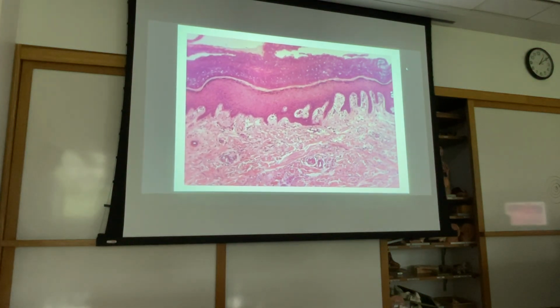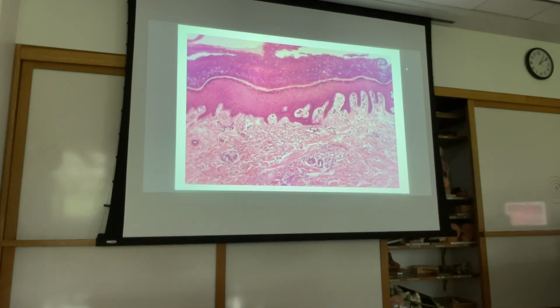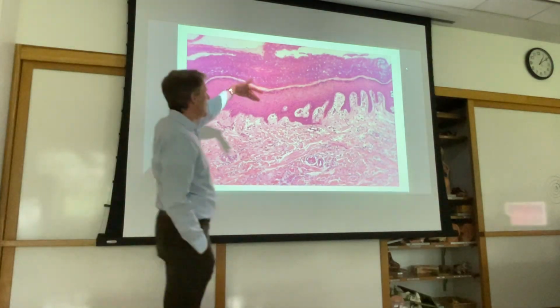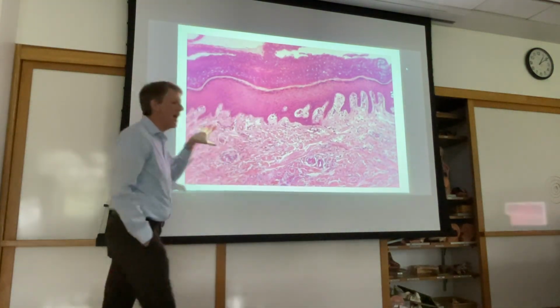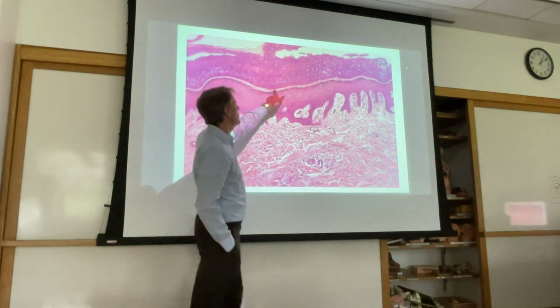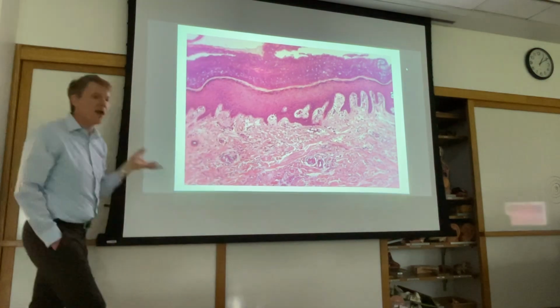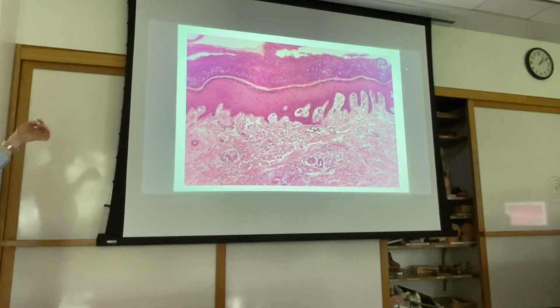Now, is it possible that you just happen to catch a part of your body where there's not a lot of hair? Yeah, that's possible. It could still be, but especially if you look at the stratum corneum, that should kind of guide you in the direction. Another tip-off too is, what's this white layer that you see here? That's the lucidum. That's that layer that you only see in thick skin.